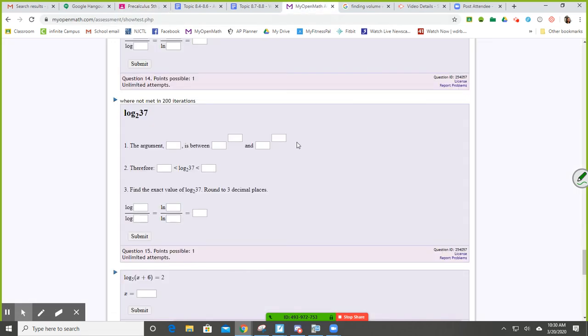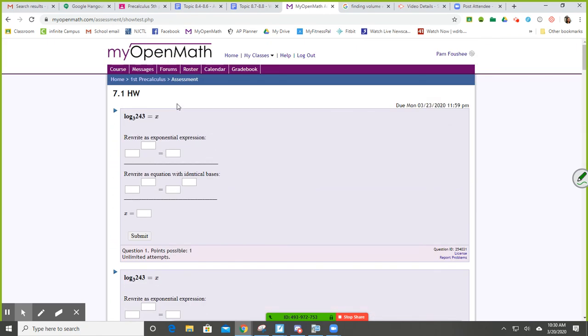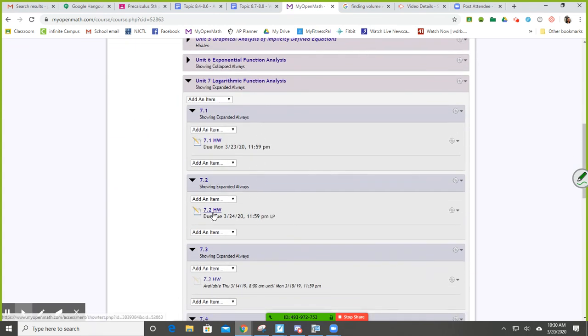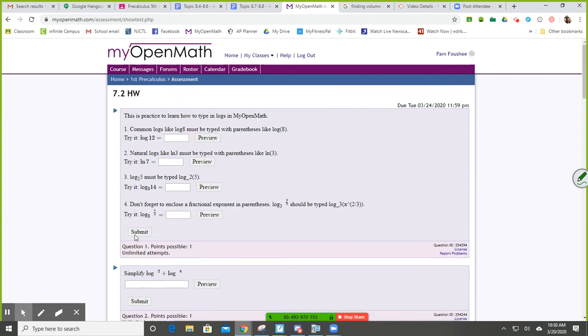My Open Math. I'm going to go ahead and get 7.2 open. But realize 7.2, let's take a look at it real quick. You're not going to be able to do all of it. I mean, we haven't gotten all the way done. But if I'm looking at it, number 1 is just typing problems with my Open Math. Make sure you read these real closely because you have to type it in a certain way on my Open Math or it'll lose its mind on you. So number 1 is real important.